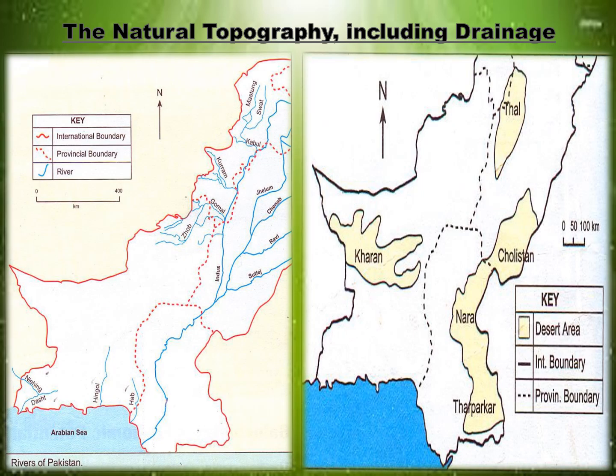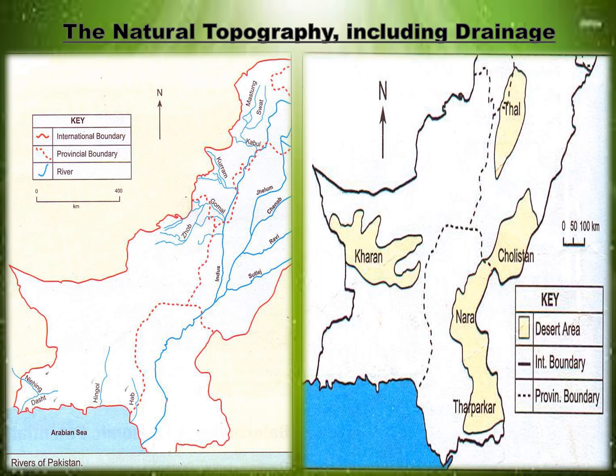Now, if we talk about the rivers of Pakistan, you can see over here that the longest river of Pakistan is the Indus River. It has some eastern tributaries, Jhelum, Chenab, Ravi and Satluj, and it has many smaller western tributaries as well, like Kurram, Gomal, Zhob, Kabul, and we are going to read all these in the topography chapter.